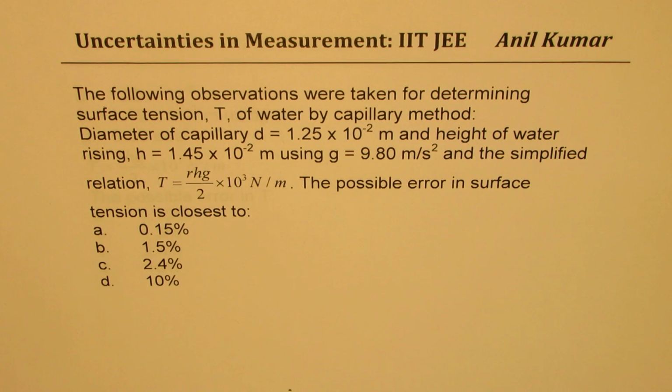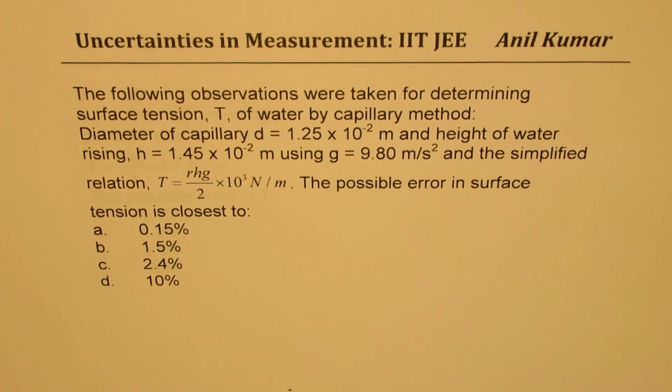Now, here is an excellent example from one of the test papers, which is for the Indian Institute of Technology joint entrance examination. So this is a very prestigious entrance examination to the Engineering Institute in India.